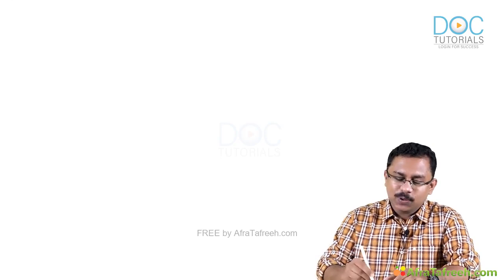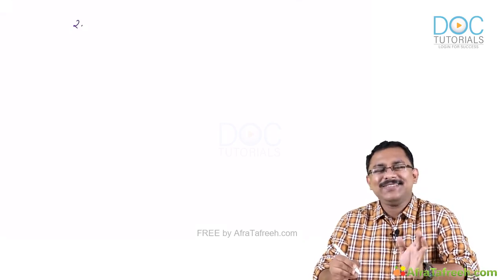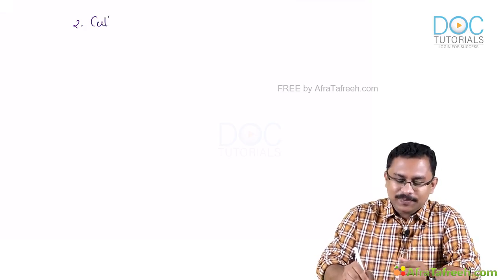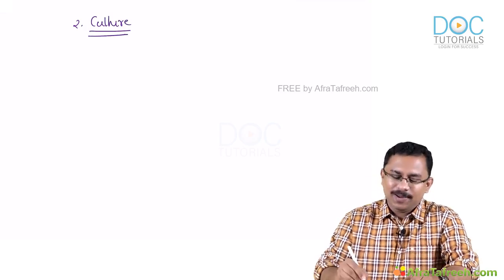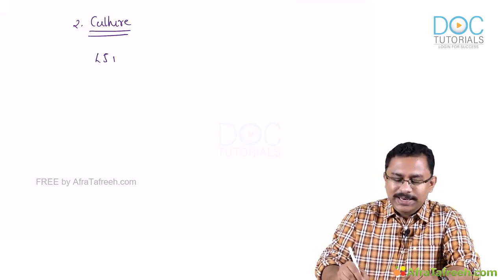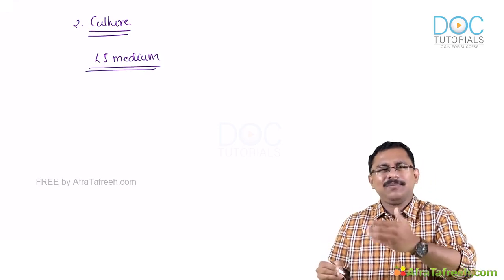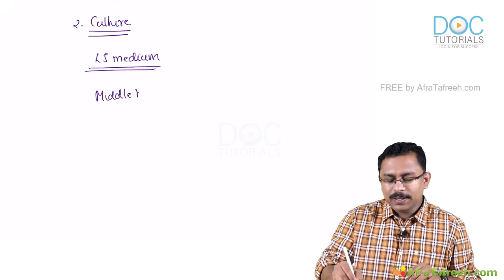So after the sputum smear microscopy, the second investigation modality that you have is your culture. Now, traditional culture media are available like your Lowenstein-Jensen medium, and you have other media as well. You have your Middlebrook medium.